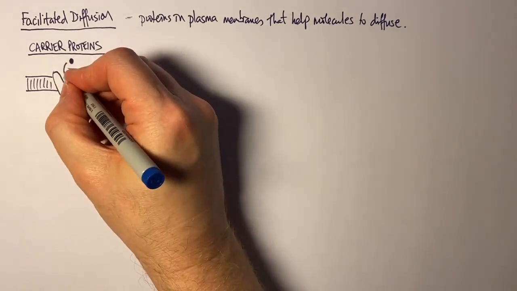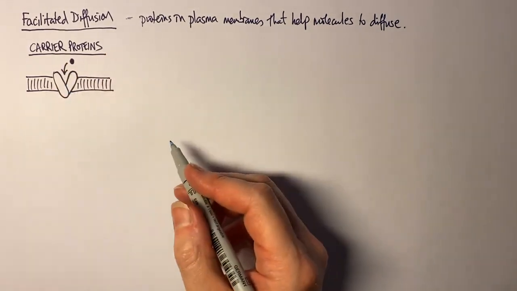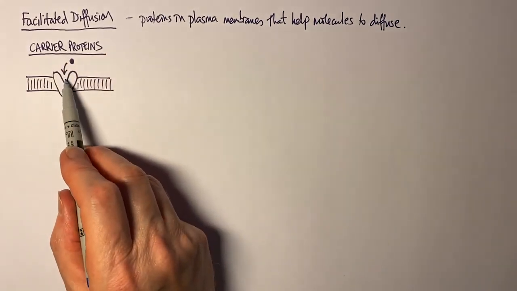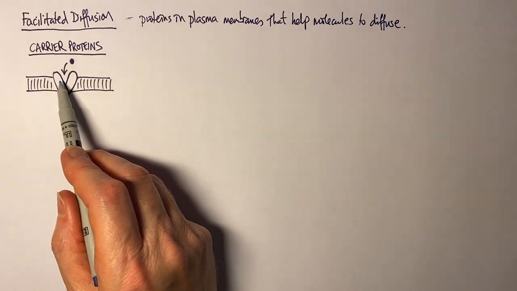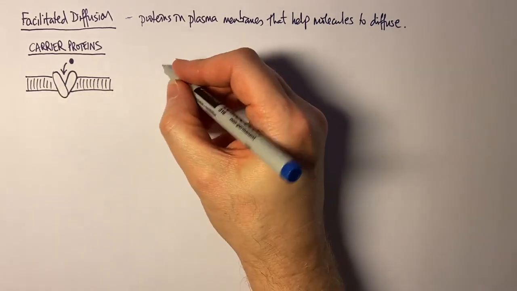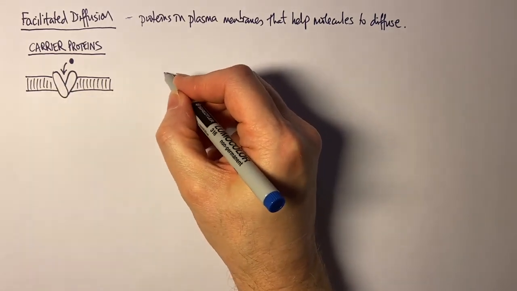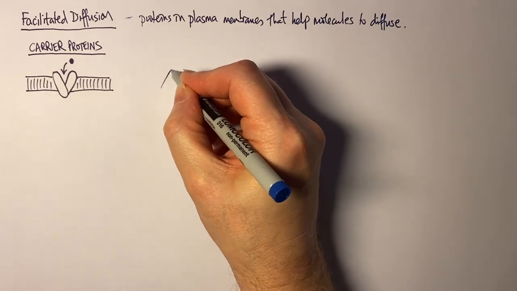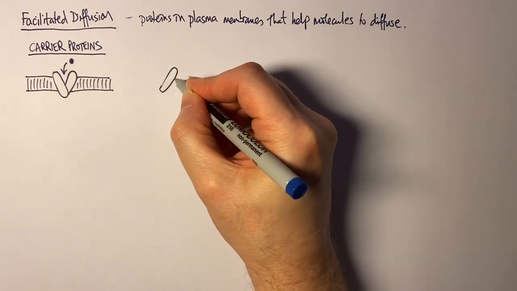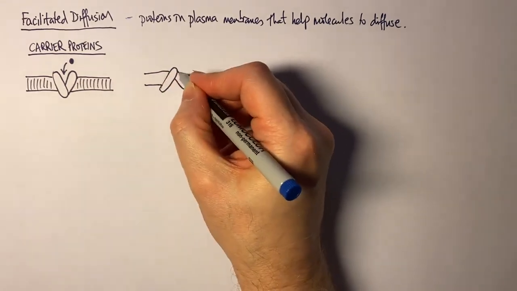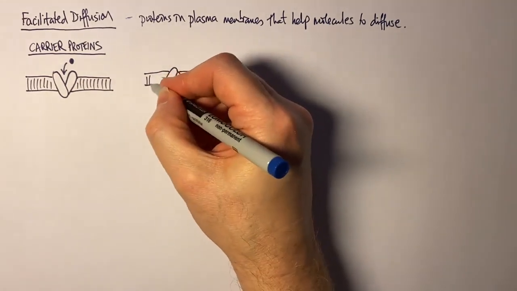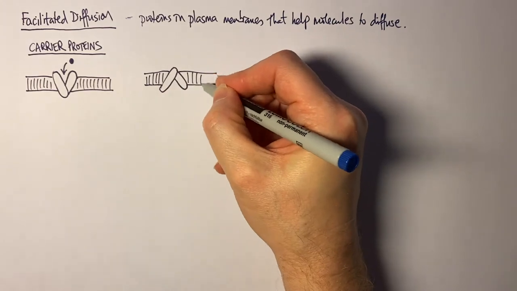When that molecule enters that little area there, it binds to that protein in the membrane. That then makes that protein change shape. Now the energy for that comes from the kinetic energy of that molecule.